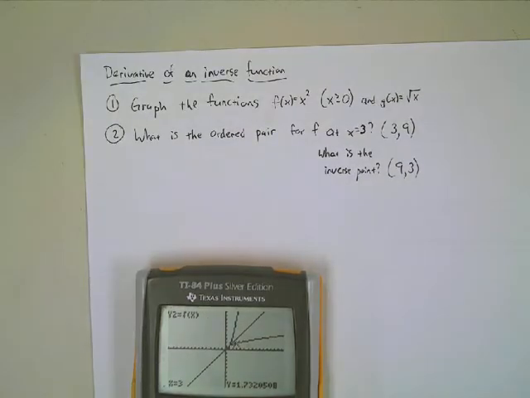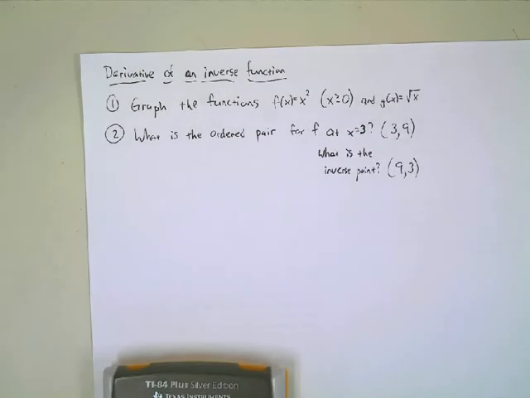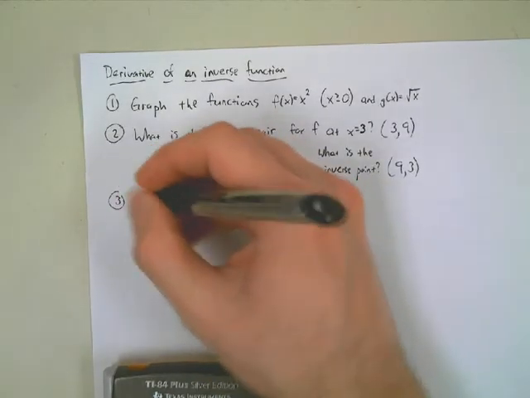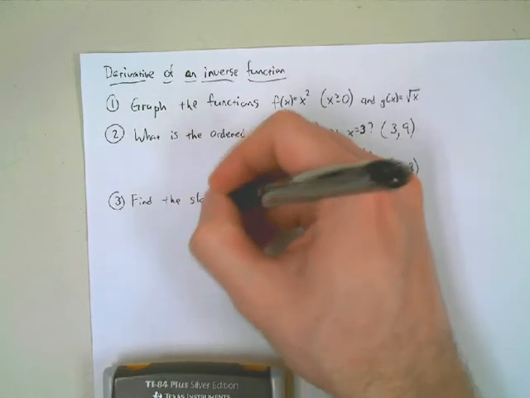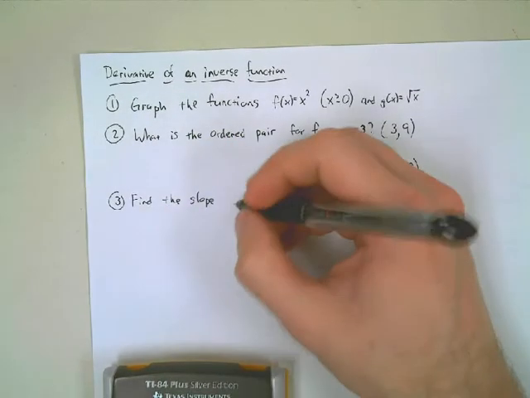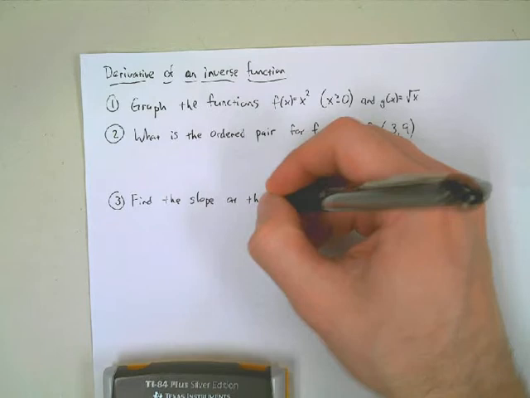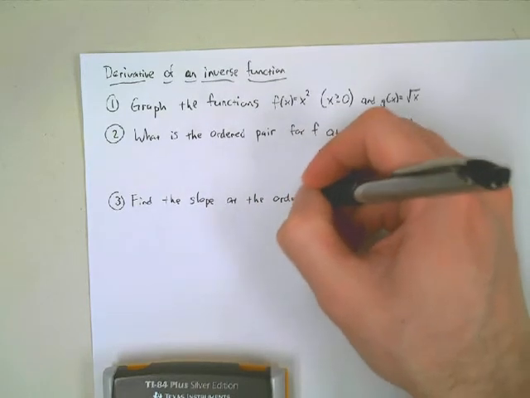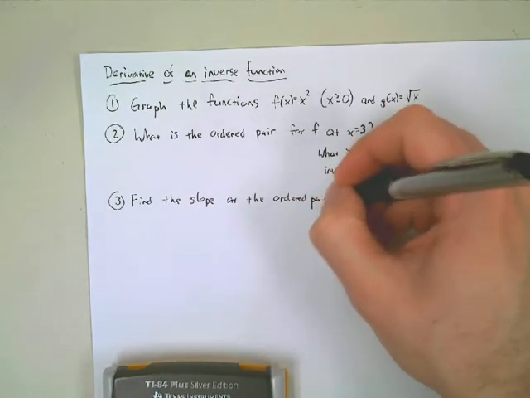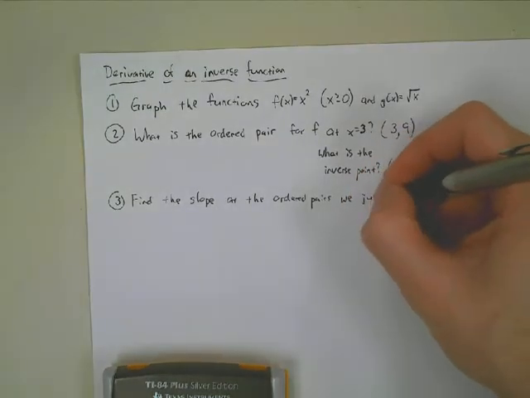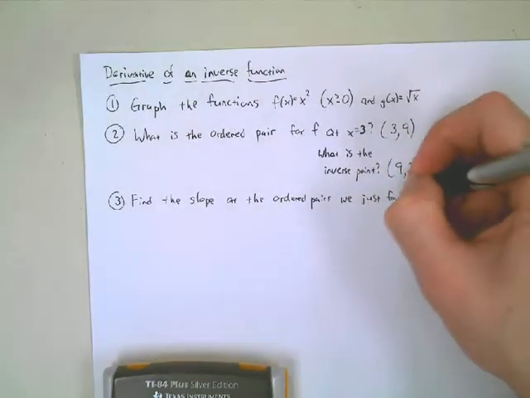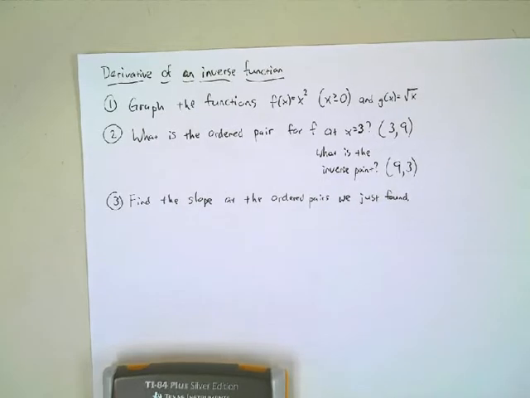Okay, so find the slope at the ordered pairs we just found. How do we find the slope at a point?